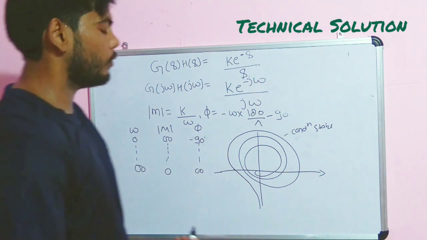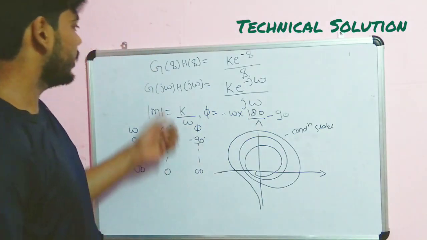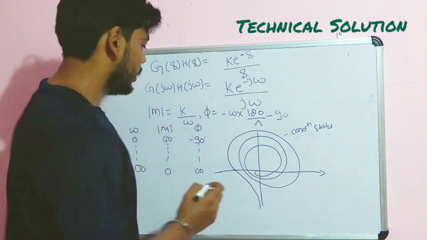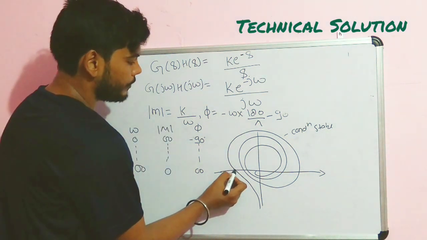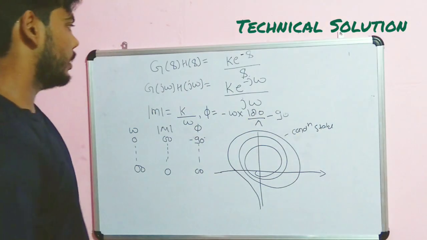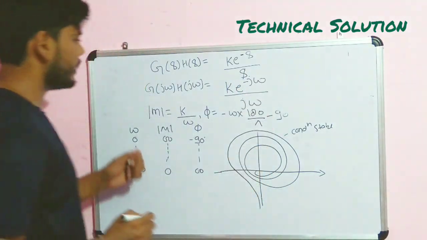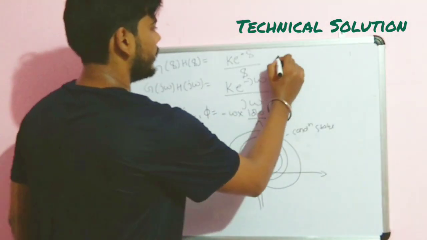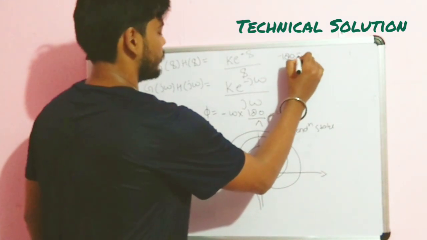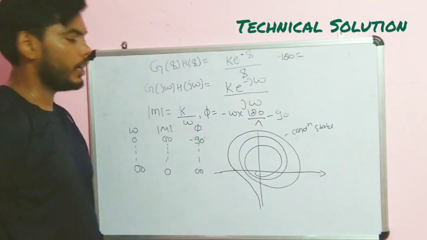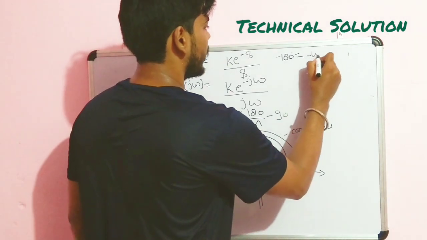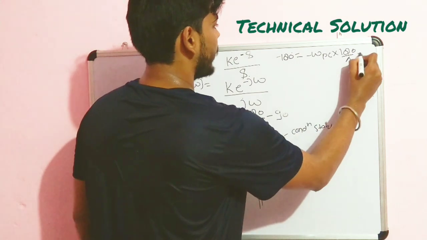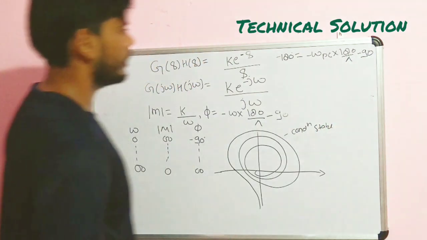So let's find the condition for this system to become stable. First we find omega PC. In place of phase, we put minus 180 degrees, so omega becomes omega PC. It becomes omega PC into 180 upon pi, minus 90.